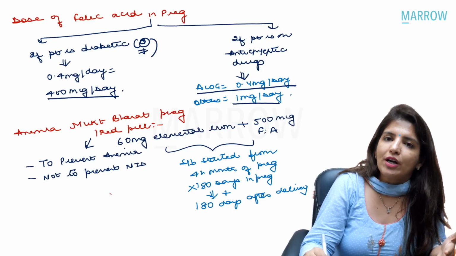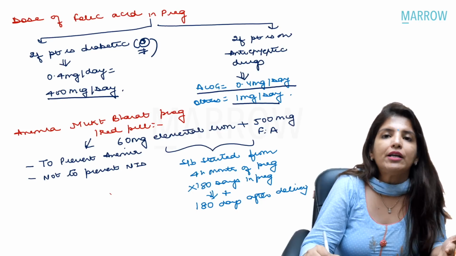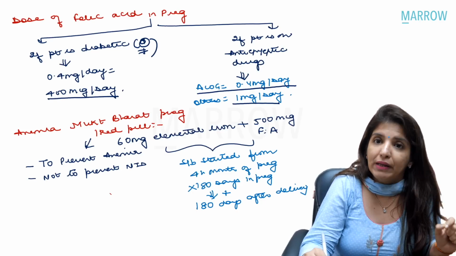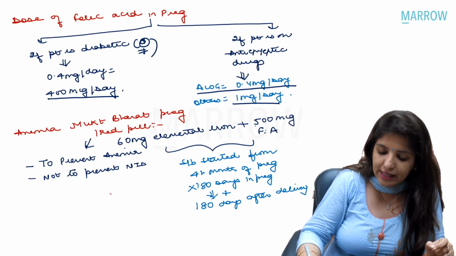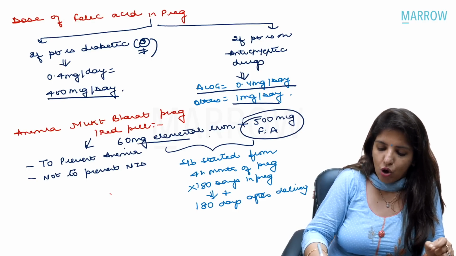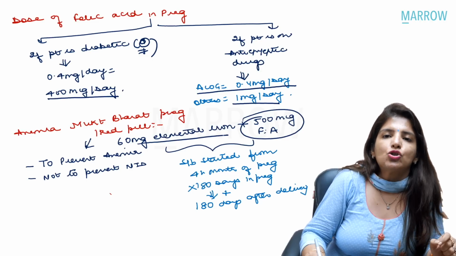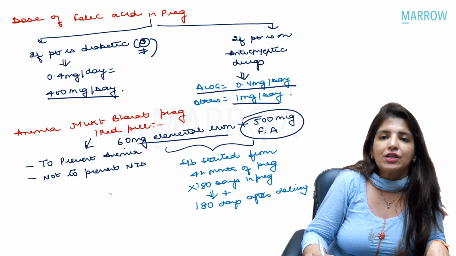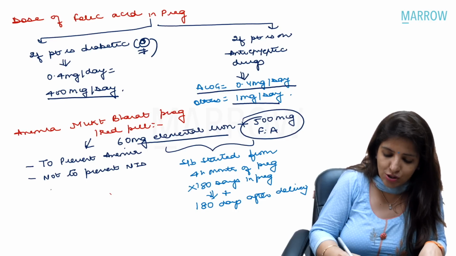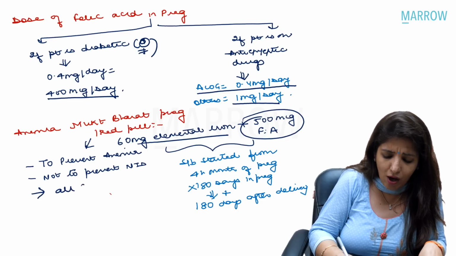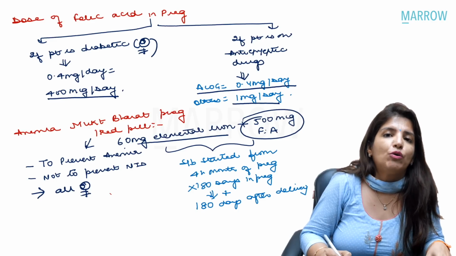Right? Now let's talk about Anemia Mukt Bharat program. In Anemia Mukt Bharat program, there is a red pill, and that red pill has got 60 milligrams of elemental iron and it has got 500 micrograms of folic acid. The red pill is given to prevent anemia in pregnancy. So it has to be given to all pregnant females to prevent anemia.